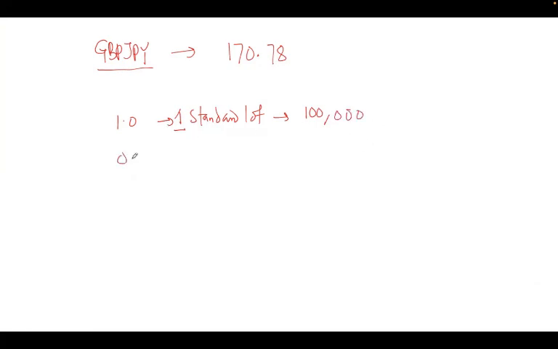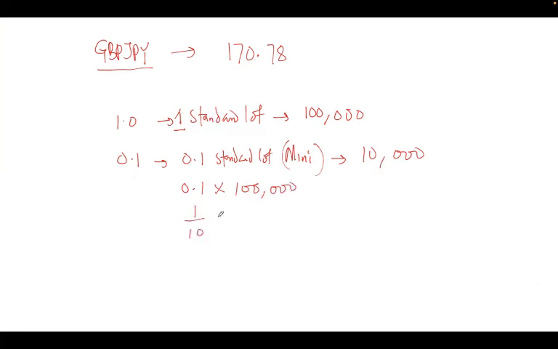If you go to your MT4 and type 0.1, the system understands that you're seeking 0.1 standard lots, which is also known as mini lots. This is going to give us 10,000, because 0.1 times 100,000 gives 10,000. 0.1 is 1 over 10, times 100,000; this cancels this, giving us 10,000.